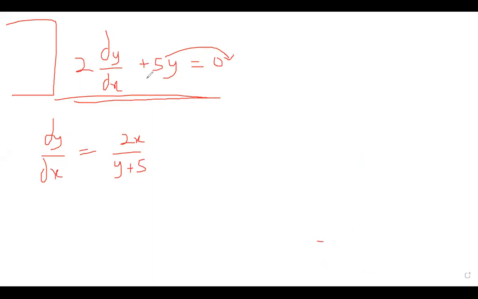So we'll just take this to this side. That should give us 2y dy dx is equal to what? Minus 5y. Divide both sides by y, and then both sides by 2 again. Divide this side by 2, and then this side by what? 2, right?